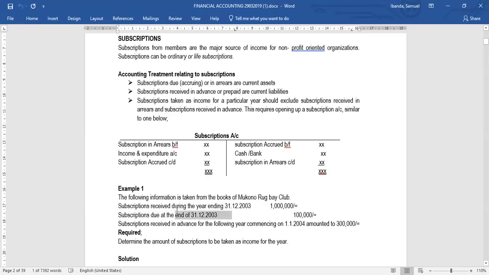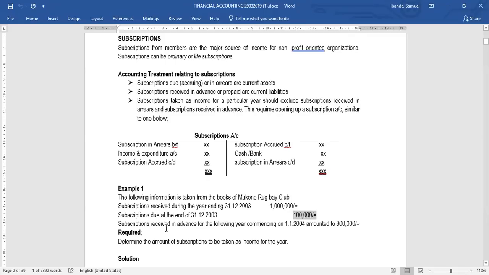Subscriptions that are due at the end of the year, which is your carried down. Remember, we don't have any subscriptions in arrears that we are beginning with. So this will be 0, okay? So as this is 0, we shall record 100,000 this side, because the carried down is subscriptions at the end of the financial year, which is 100,000.